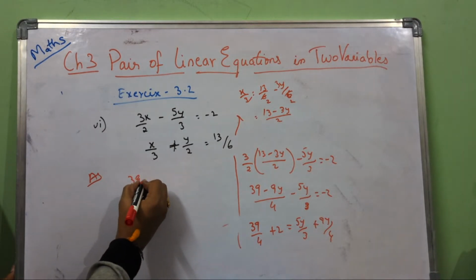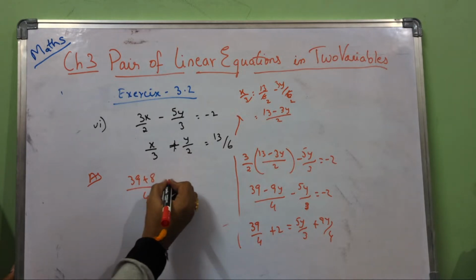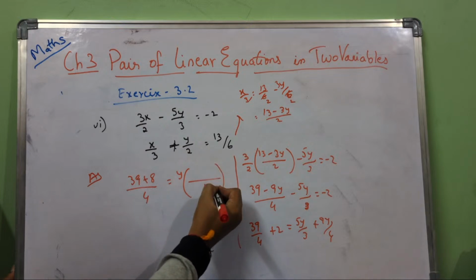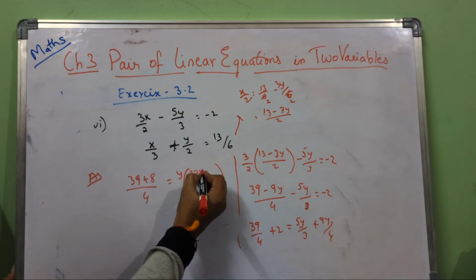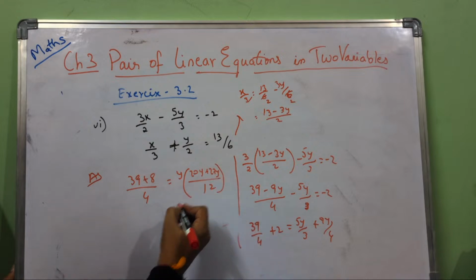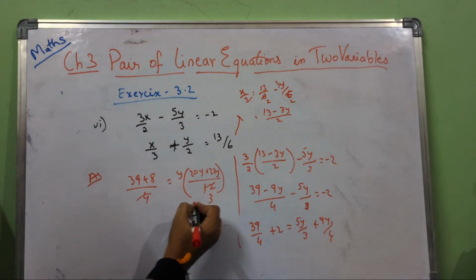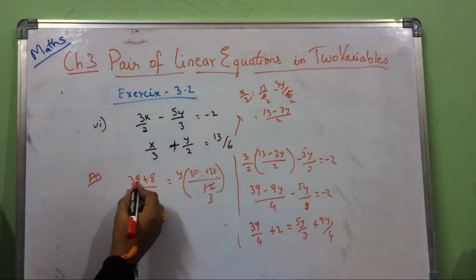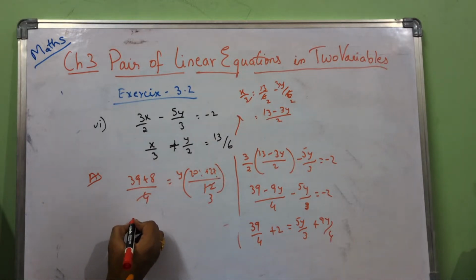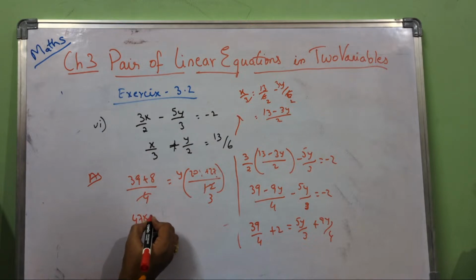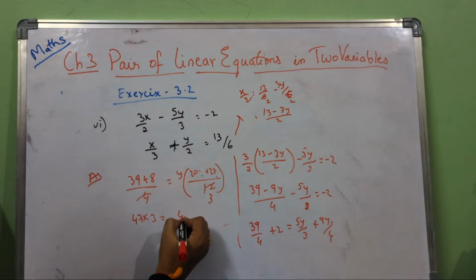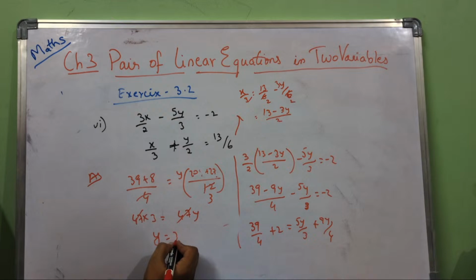So 39 plus 8 by 4 equal to 5 4s is 20y plus 27y by 12. 4 1s, 4 3s. 39 plus 8 is 47 into 3 equal to 20 plus 27, 47y. 47 3s, so y value is 3.